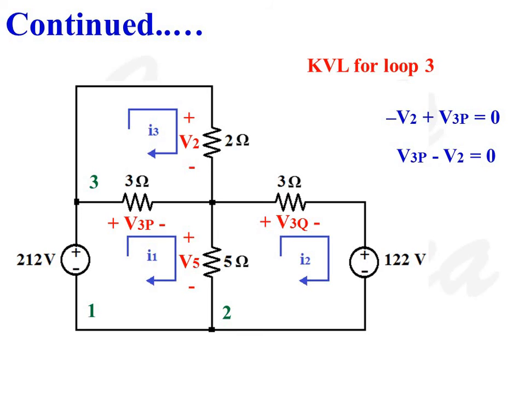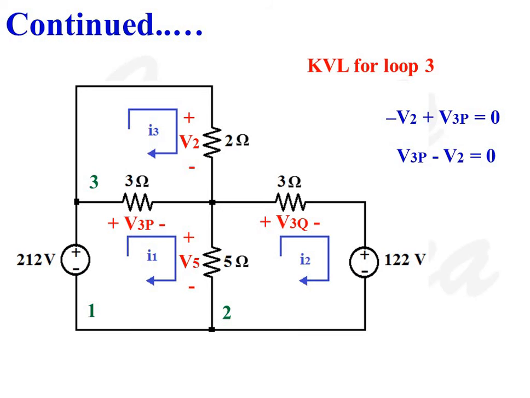When we consider voltage drop across 3 ohms resistance V3P, as we move from negative potential to positive potential, V3P should be taken as positive. So plus V3P is equal to 0.